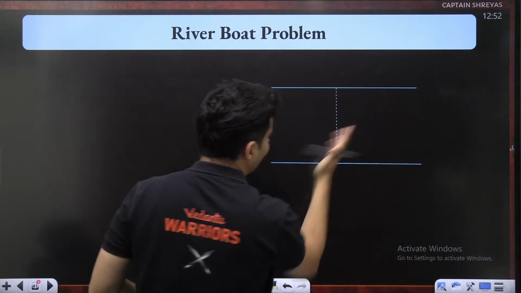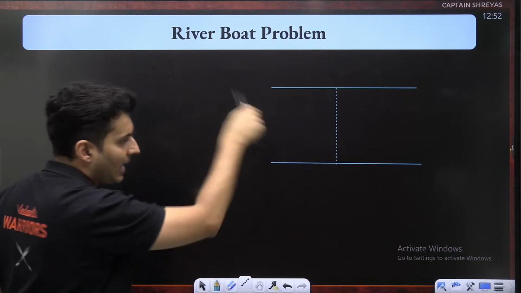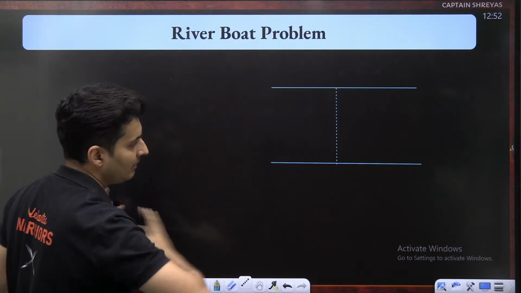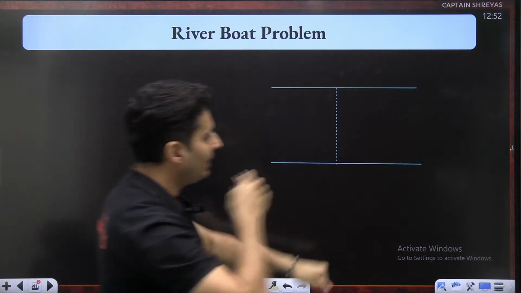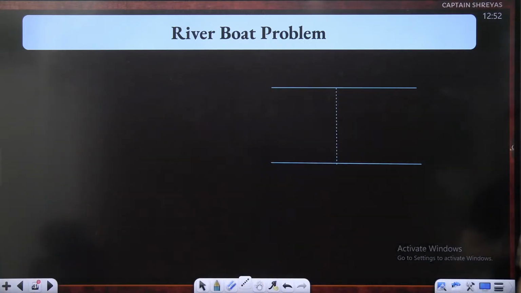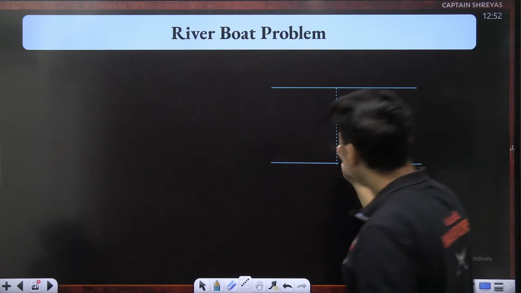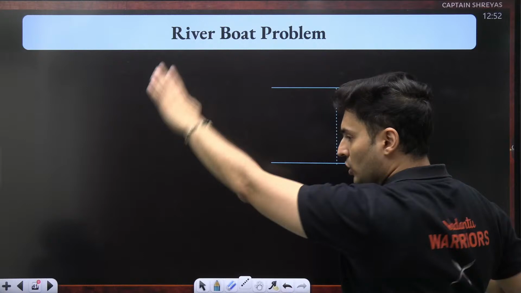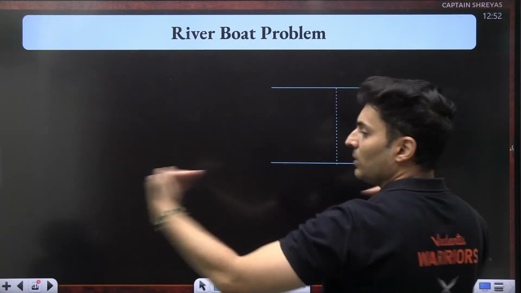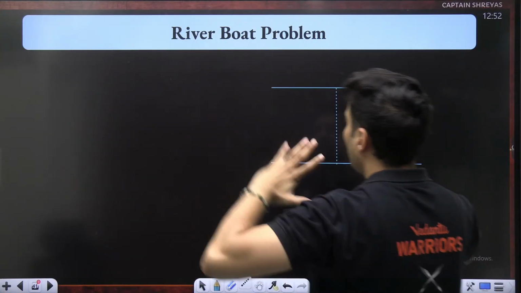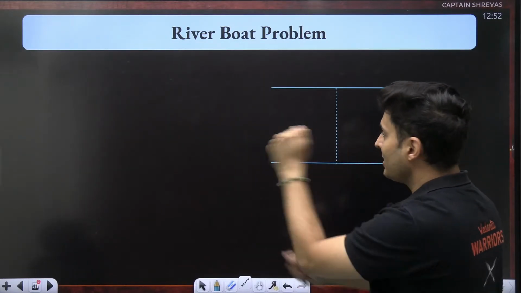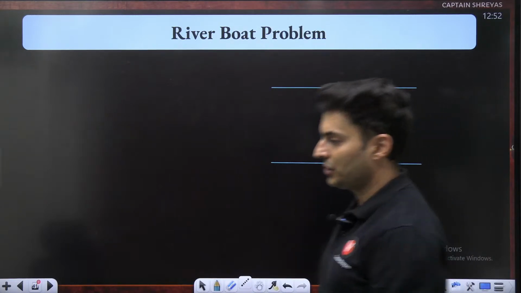If you try to swim at an angle like this, the swimming strokes are in this direction, the river current is in this direction, you will end up drifting even more and you will reach somewhere here. But if you swim at the right angle, somewhere here, you are making your strokes somewhat opposite to the current, which might cancel out. And what is remaining is a component of your velocity in this perpendicular direction.